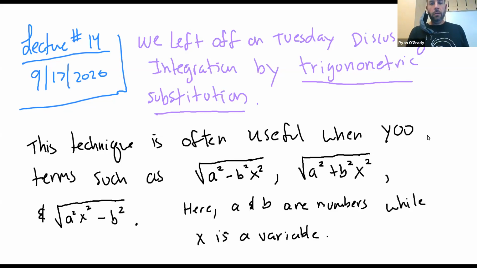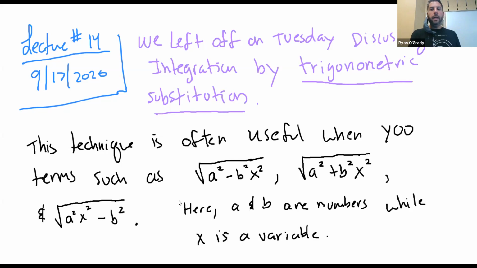So if we think about why they might be useful, the first one you want to think about as something minus something x squared. When we see this sort of expression, in my mind I'm thinking of the Pythagorean identity, 1 minus sine squared equals cosine squared.